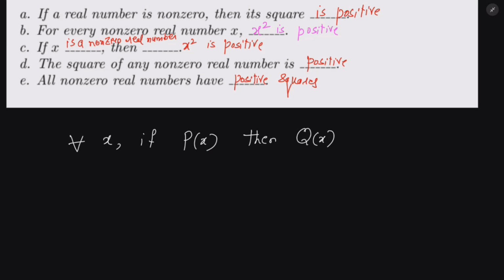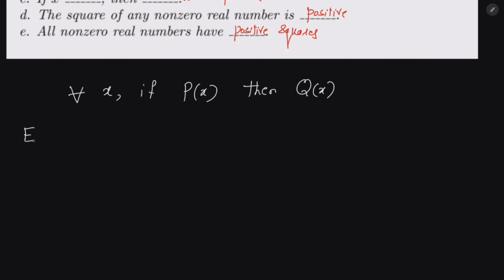That's how you write the general statement in mathematical way. This symbol here says for all. This is one of the compact ways of writing a universal conditional statement.